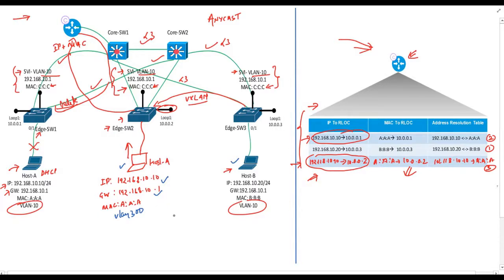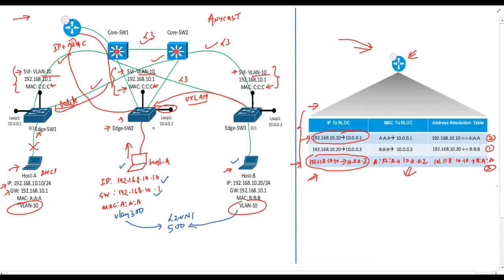The reason is that here we have the concept of layer 2 VNI, correct? So on switch 2, suppose the layer 2 VNI value which is mapped to VLAN 300 is 500, and on switch 3 the same VNI value 500 is mapped to VLAN 10.